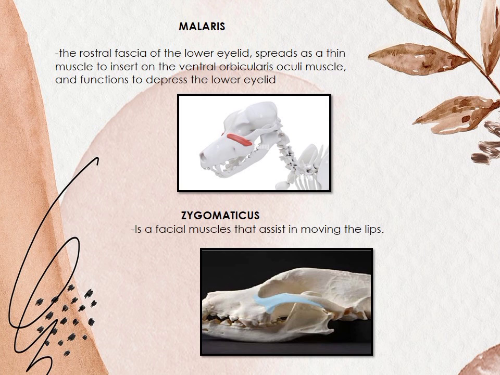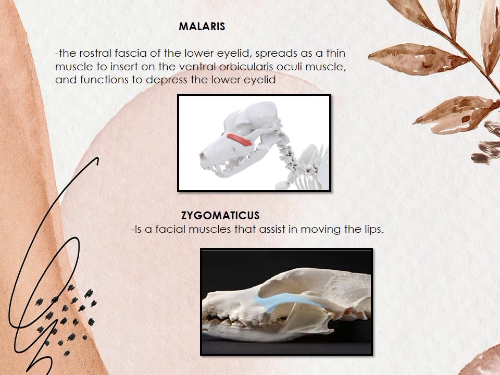Many people consider the zygomaticus muscle as the basic smile muscle, particularly the zygomaticus major. The zygomaticus major is a small or thin paired facial muscle that runs diagonally from the zygomatic arch or zygomatic bone to the angle of the mouth.